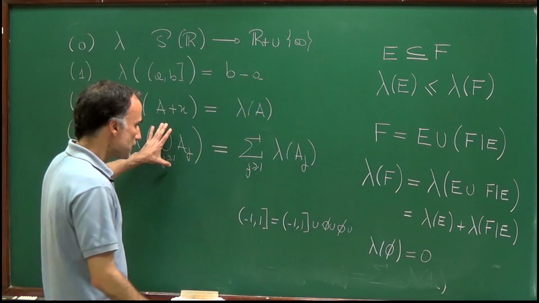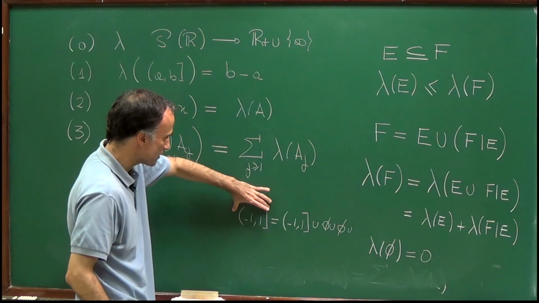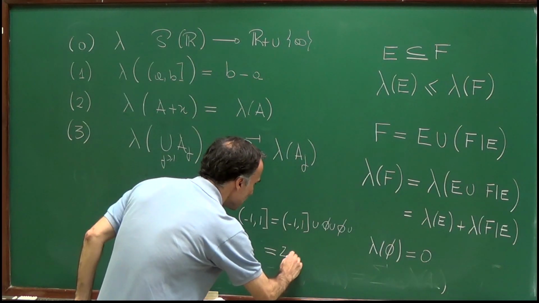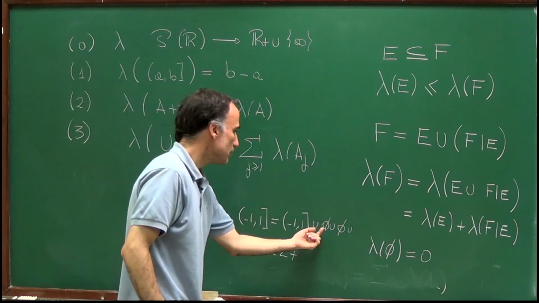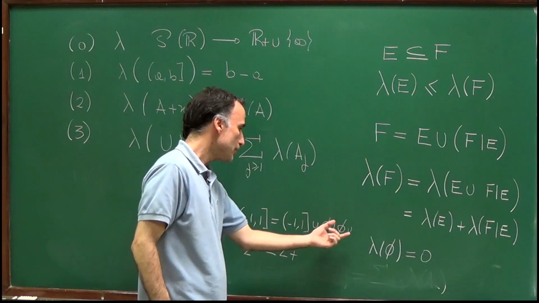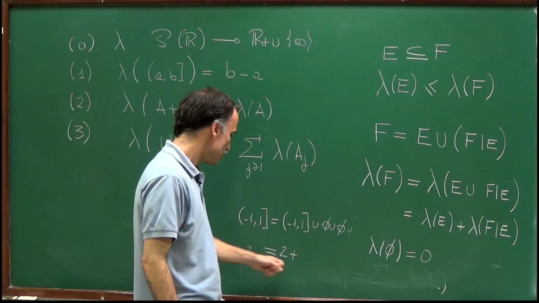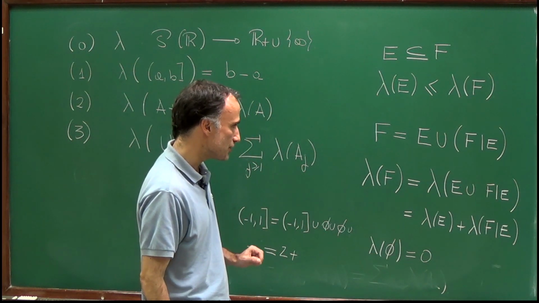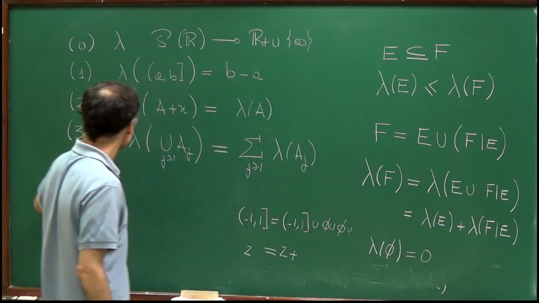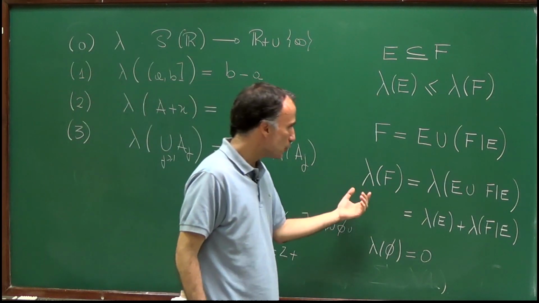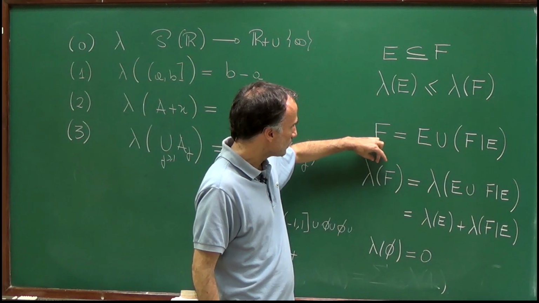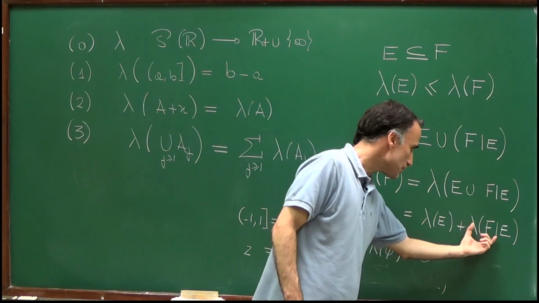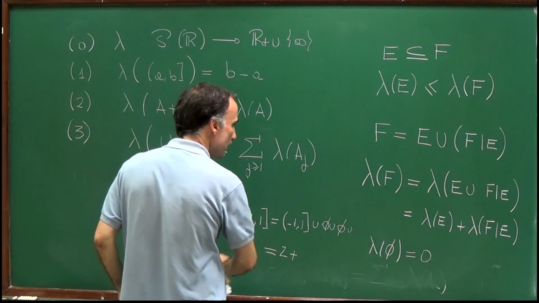To use this relation to say that the measure of this set, which is 2, is equal to the measure of this set, which is 2, plus infinitely many times the measure of the empty set, which has to be equal to 0 to satisfy this identity. So it's clear that the measure of the empty set is 0, and therefore, by using property 3, I can conclude that the measure of the set F is equal to the measure of the set E plus the measure of the set F minus E.